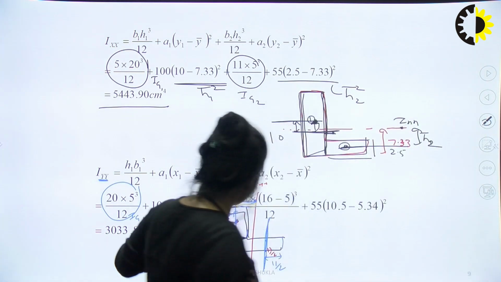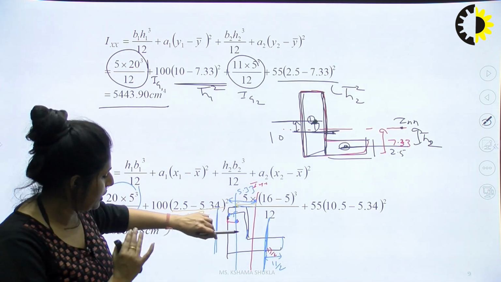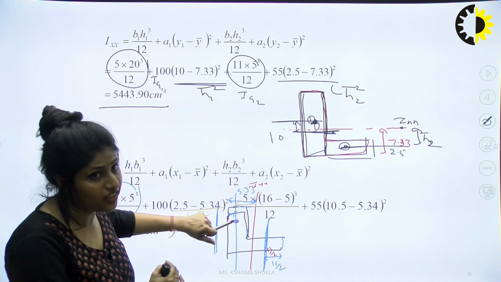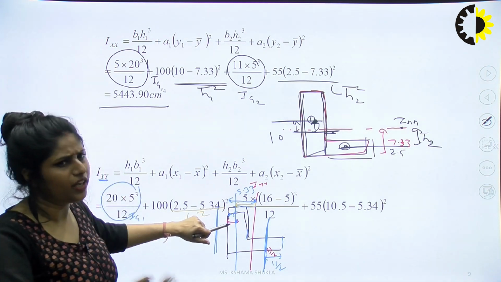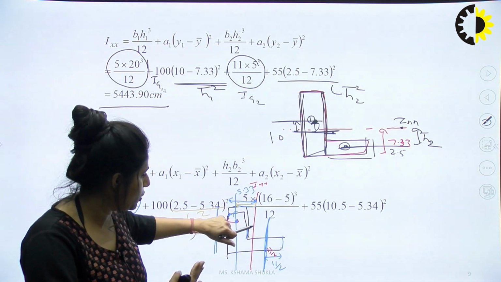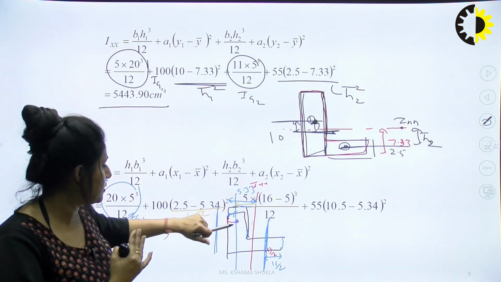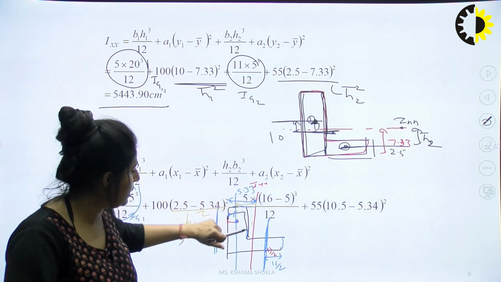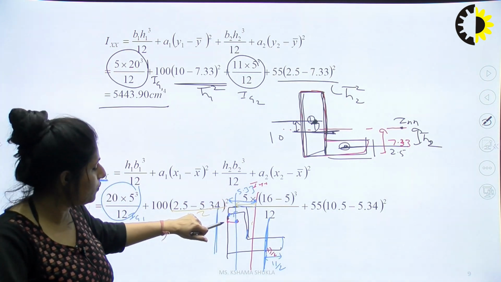Understand? Very easy. You can easily find the distance between the standard section, that is simply D by 2, B by 2, and the composite section neutral axis. The composite section neutral axis is this. The distance of this we can find out with the centroid 5.33. The value of this is simply half, 2.5.